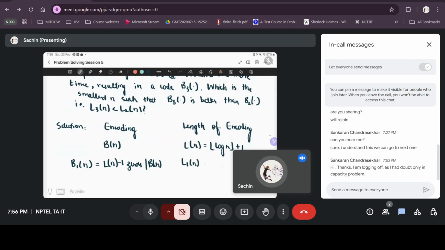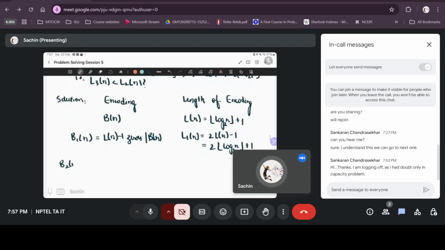So the length L1 of n: b of n has L of n bits, and you are adding L of n minus 1 bits, so it's 2 L of n minus 1. But L of n itself is floor of log n plus 1, so L1 of n is 2 times floor of log n base 2, of course, plus 1.